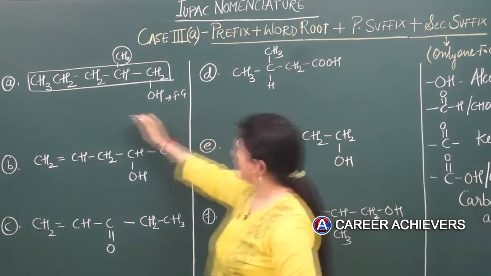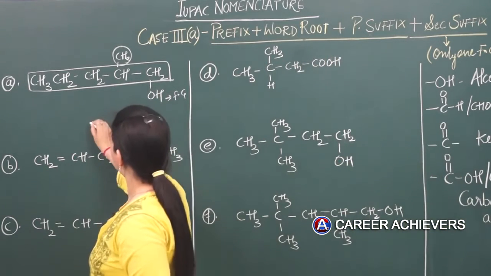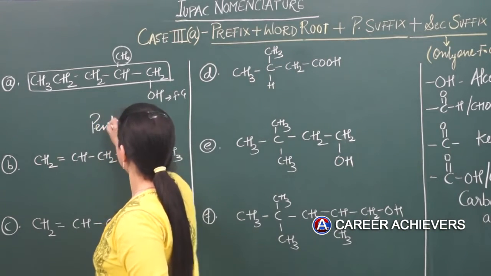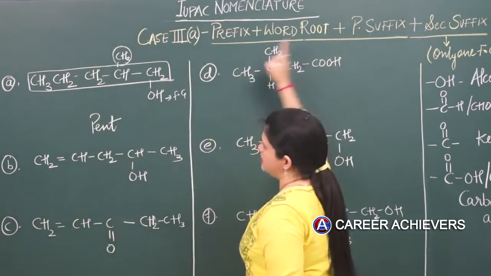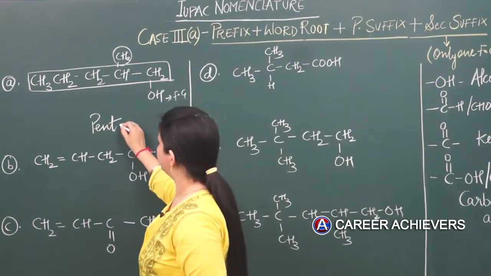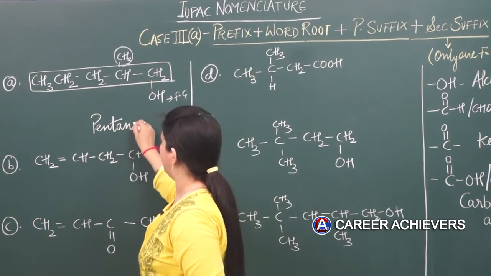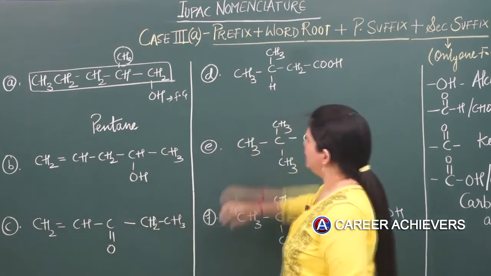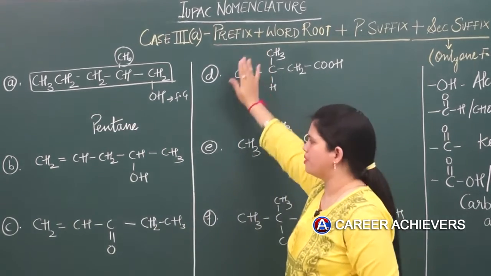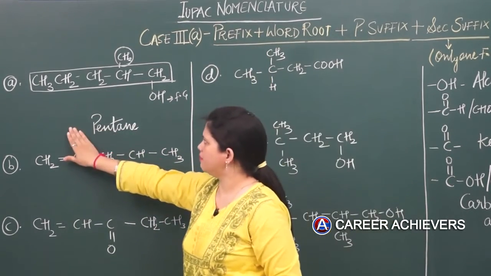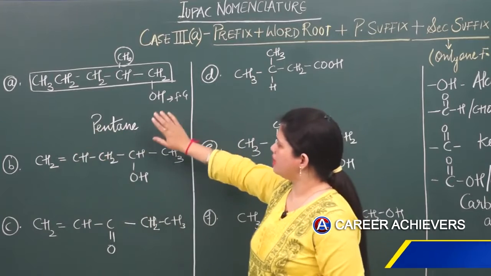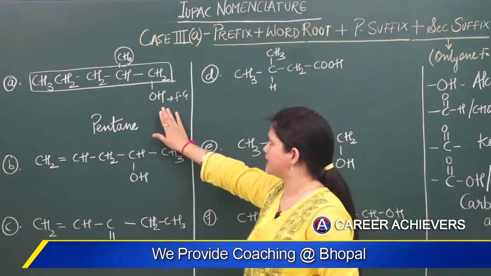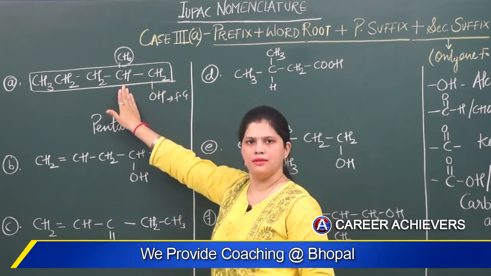First of all, let me write the word root. It would be pent for 5 carbons. Then the primary suffix: everywhere a single bond is there, so you will be writing ane. Then talk about the prefix. We know the prefix has to be written before this name, but before we write it, we need to discuss the position of the functional group and prefix.